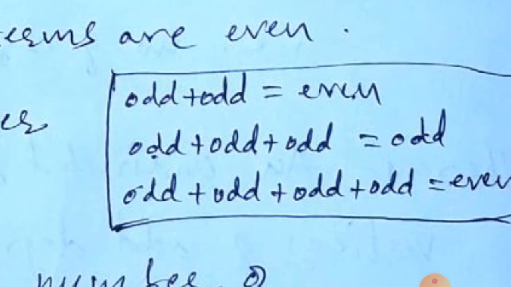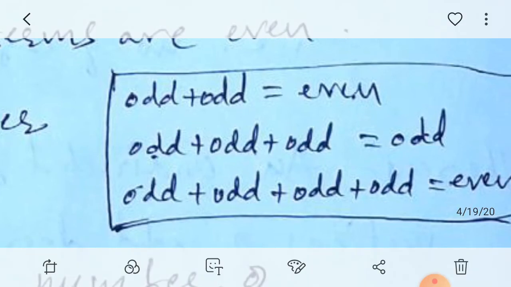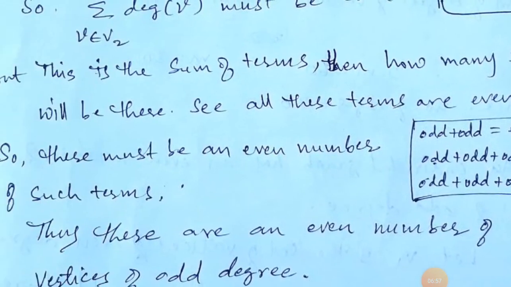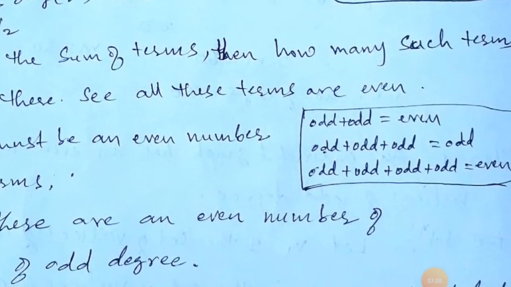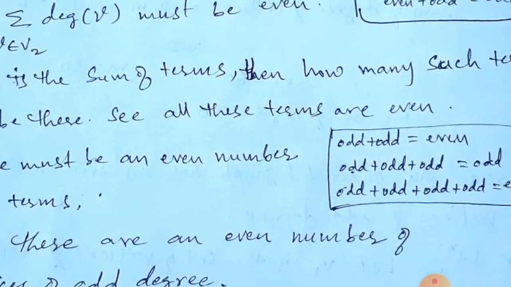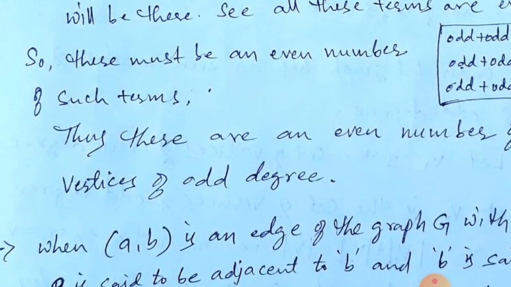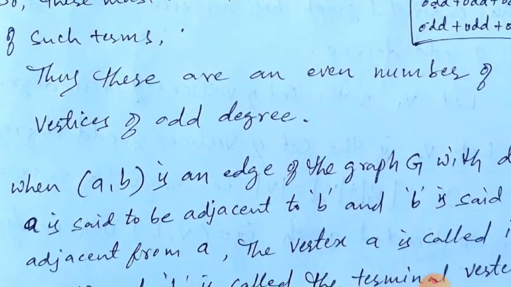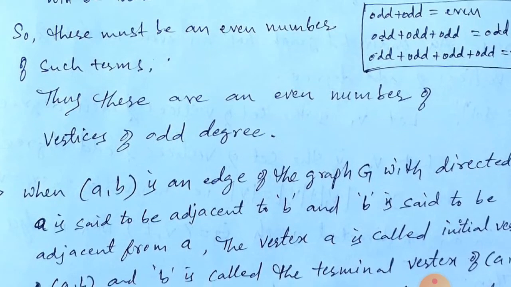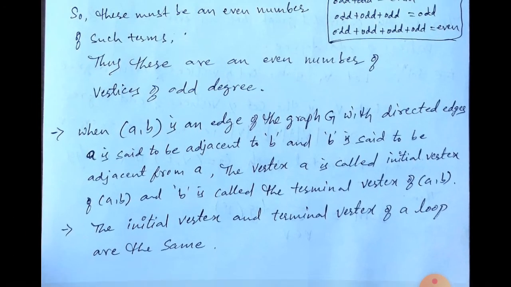If you sum an odd number an odd number of times, you get an odd number. So the number of terms must be even, then only will you get even. Thus there are an even number of vertices of odd degree.